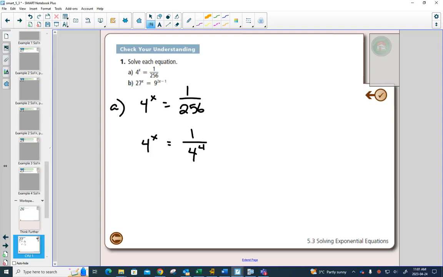But our goal, in order to use the observation technique, would be to have both sides as a power of 4. And in order to do that, you're going to have to use your negative exponent rule. Negative exponent rule says you can move something from the denominator to the numerator by making your exponent negative.